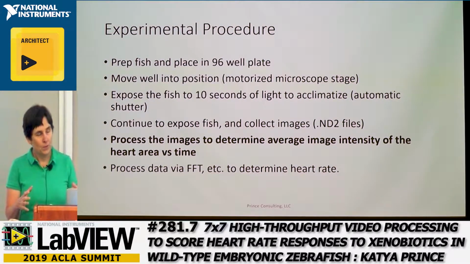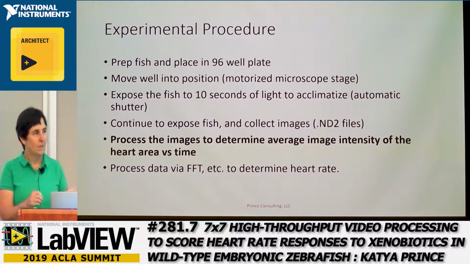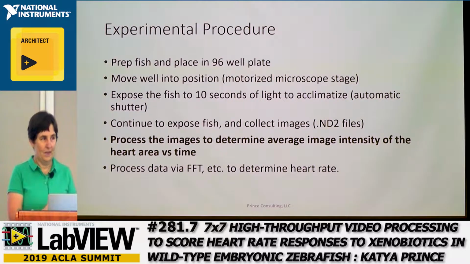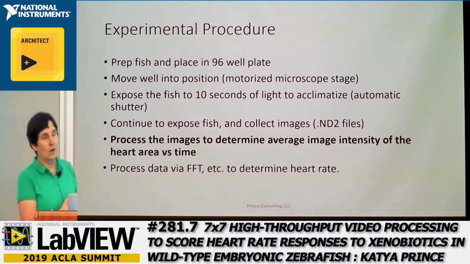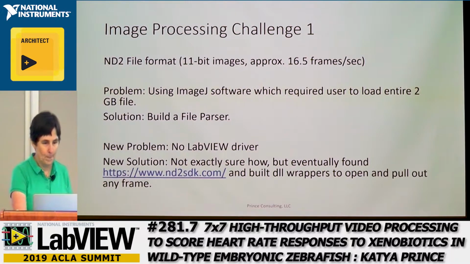This part was automated. They had a microscope stage. They'd move the well into place, expose it to 10 seconds of light to acclimatize it, and then capture 10 seconds worth of data in this ND2 file. Then they process the images. The results of that would then go and run FFTs. And what I'm going to talk about is how we automated that, the bold section right in there.